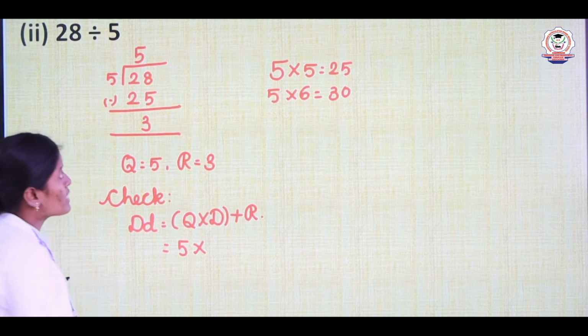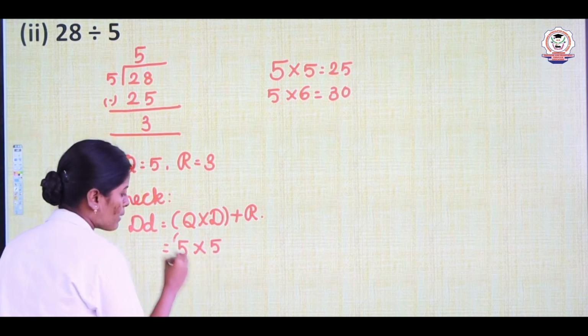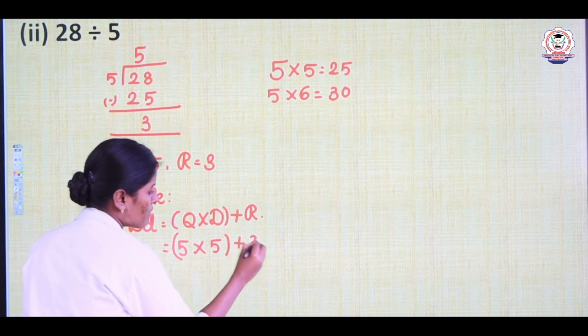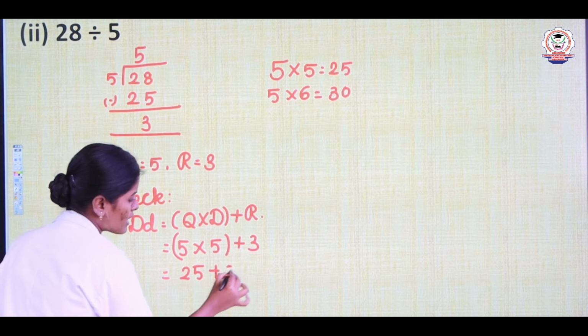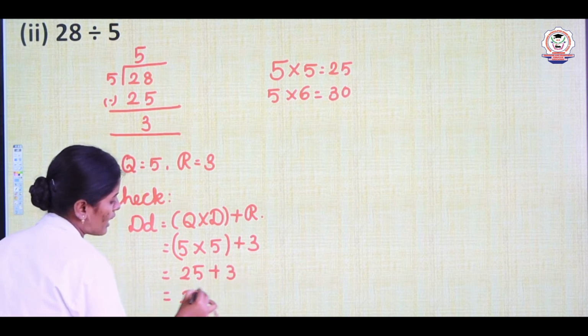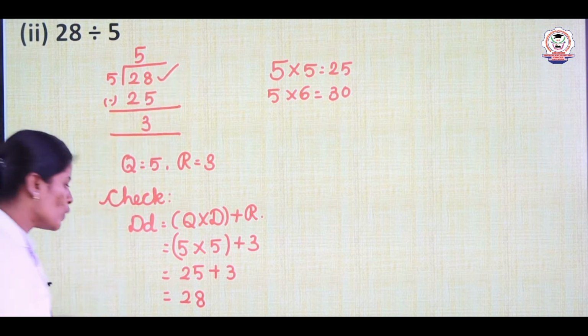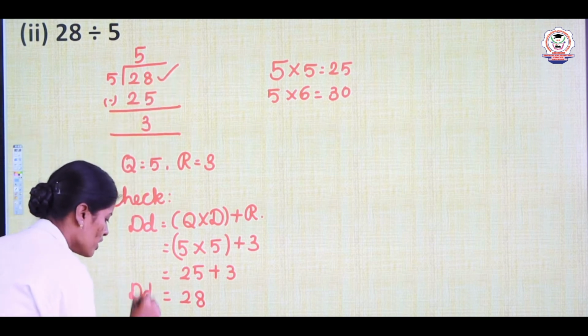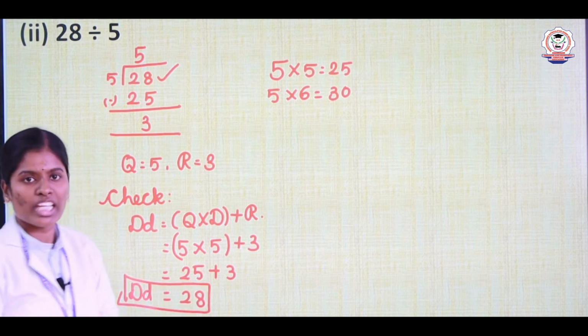And then what is the divisor value? Divisor value is also 5. Then that remainder value is 3. 5 fives are 25. Now 25 plus 3, the answer is 28. Yes, we got the dividend value 28. Here too the dividend value is 28.